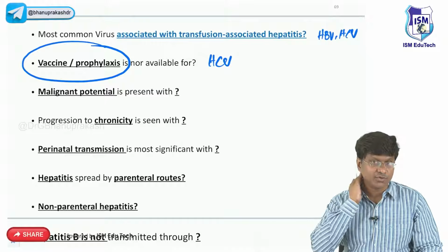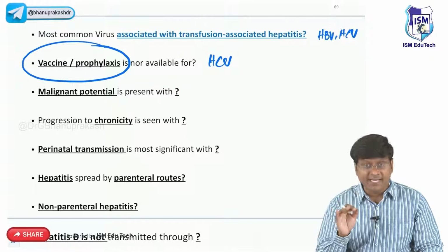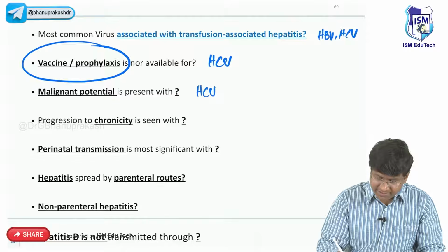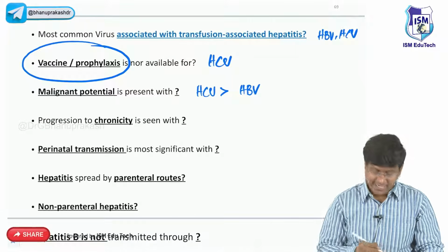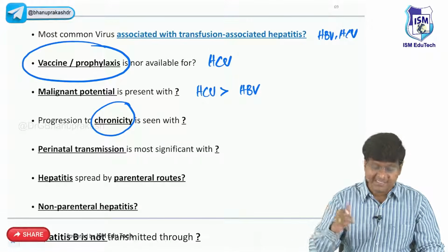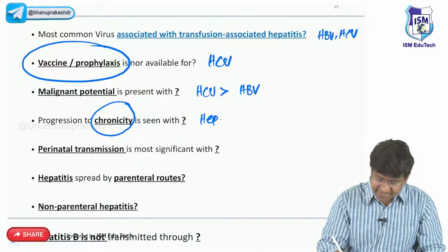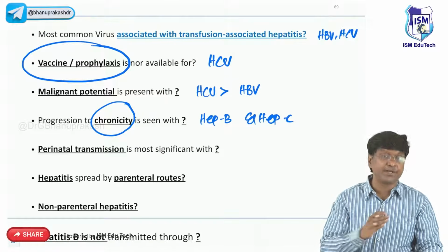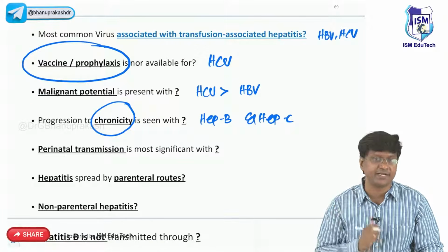Malignant potential among all these viral hepatitis is more common for hepatitis C virus, followed by hepatitis B virus. Progression to chronicity is seen in hepatitis B as well as hepatitis C virus.